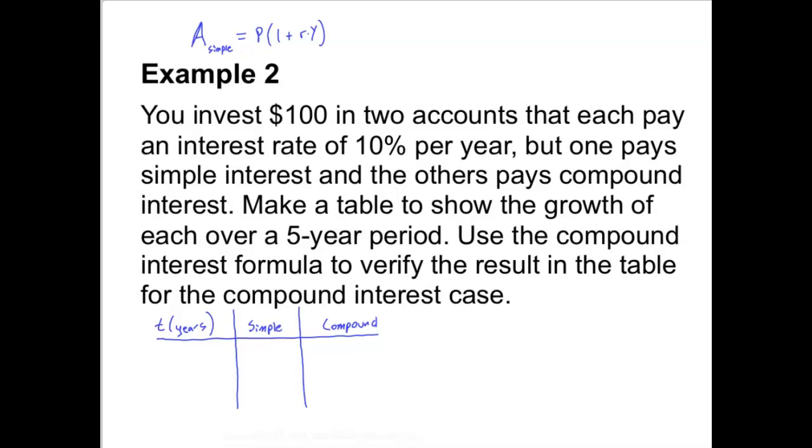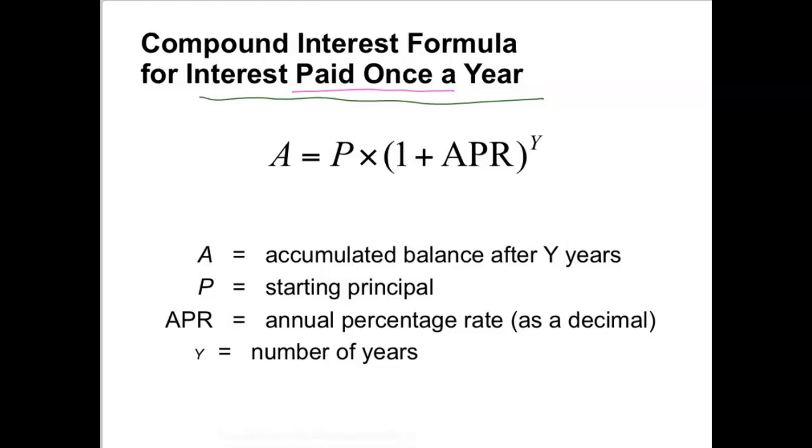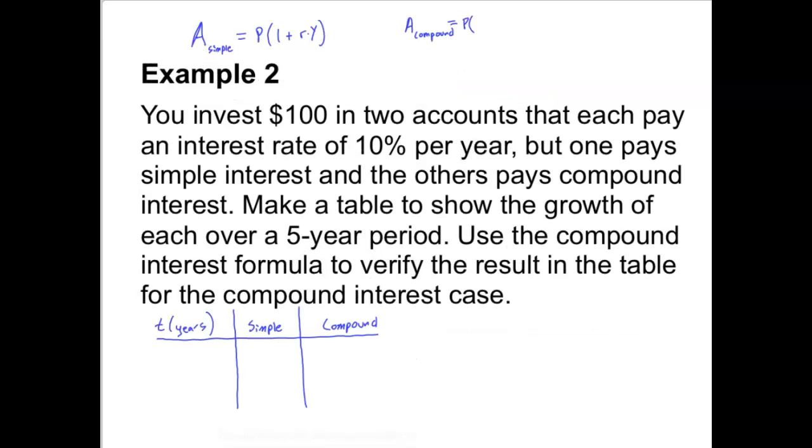Your compound formula is this: principal times the quantity, 1 plus your rate to the Y power.